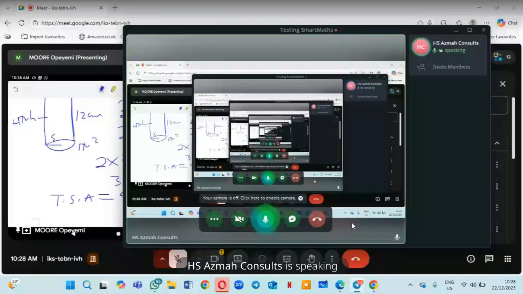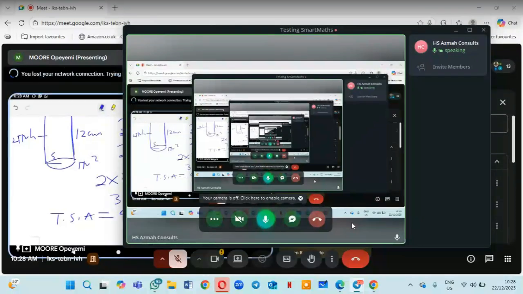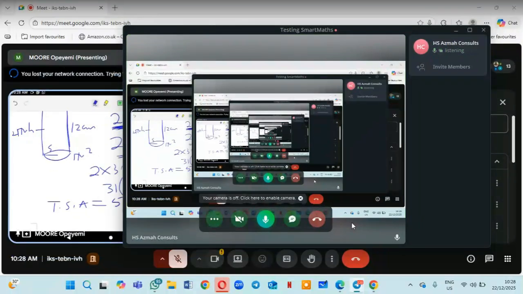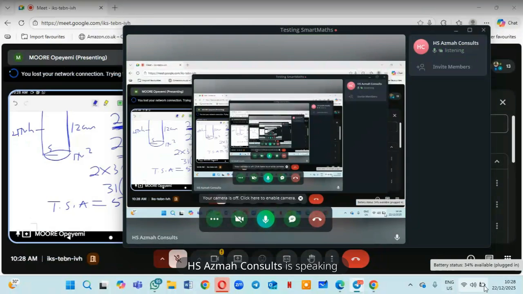Carry the unit then. Meter square. Yes. Is that one clear to everyone? Yes, sir.